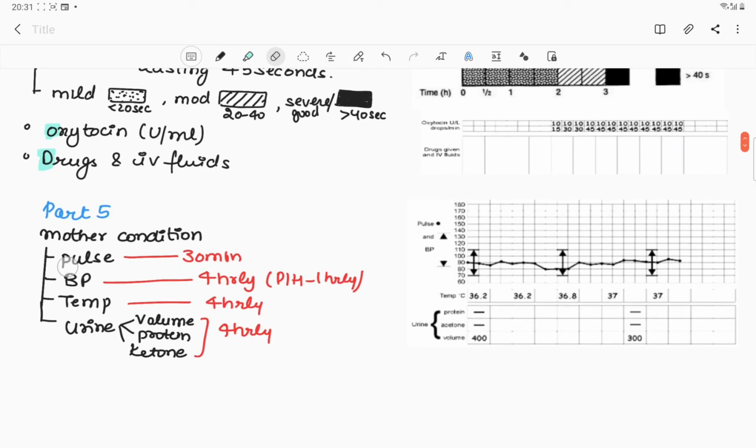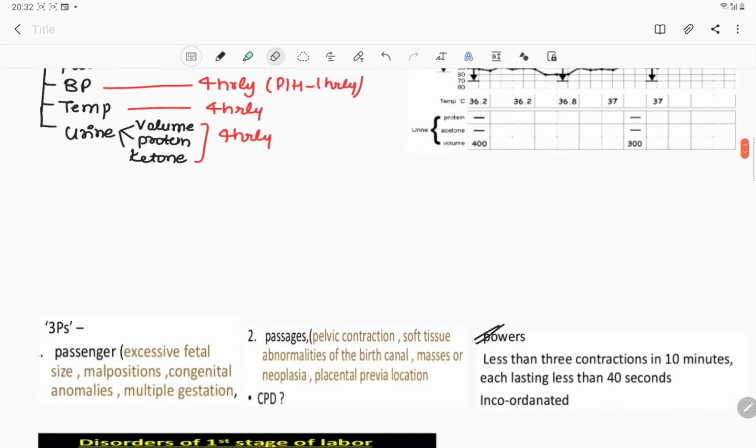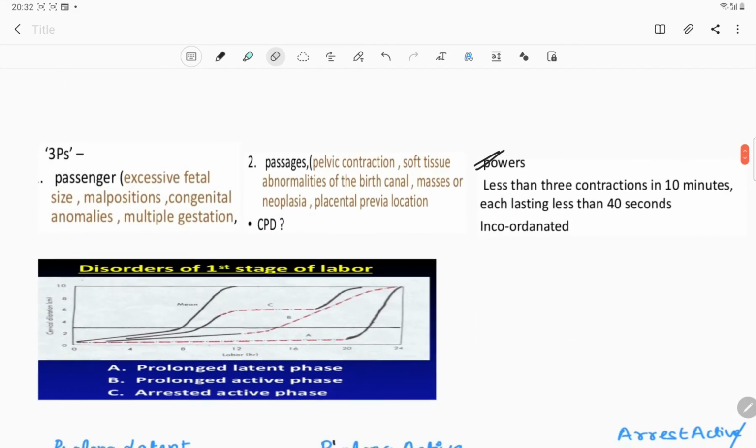For example, pulse is recorded every 30 minutes and it is marked by a dot. Then blood pressure every 4 hourly, temperature every 4 hourly, and urine volume, protein and ketones every 4 hourly. So, what are the causes of abnormal labor?